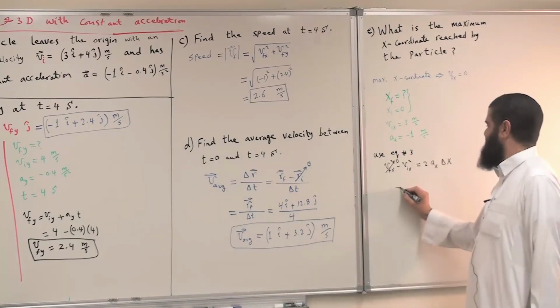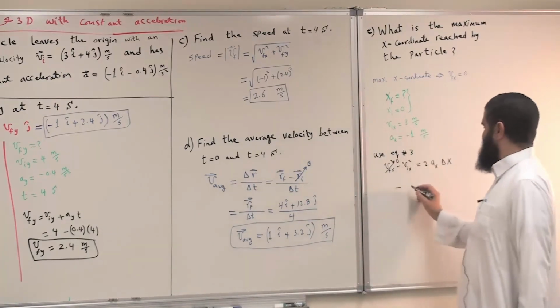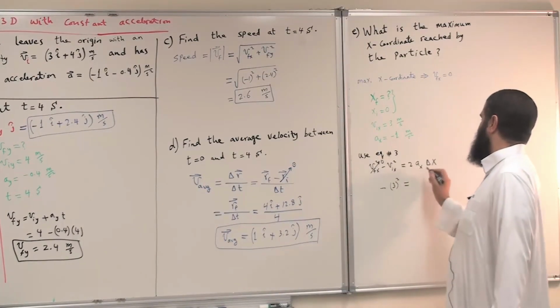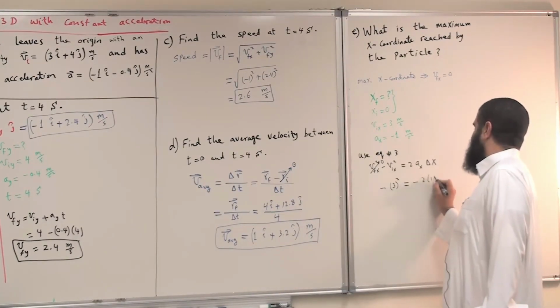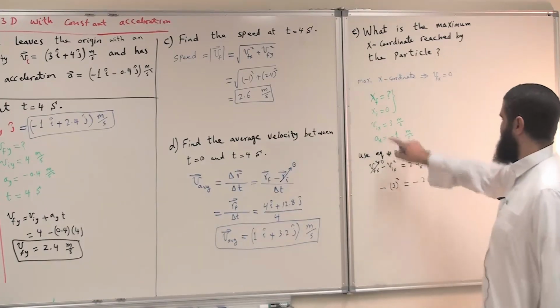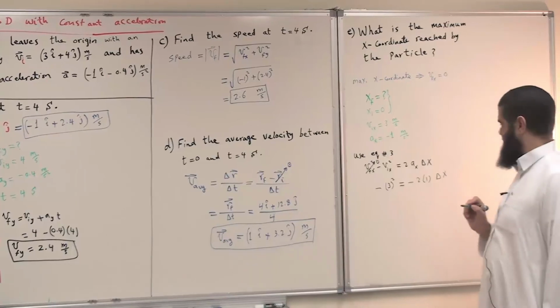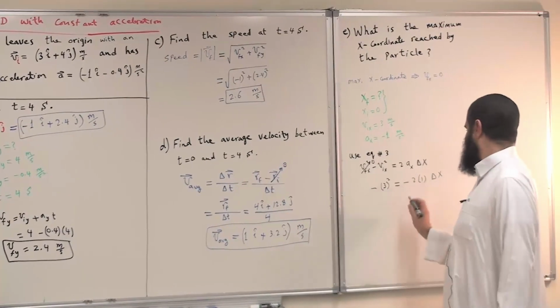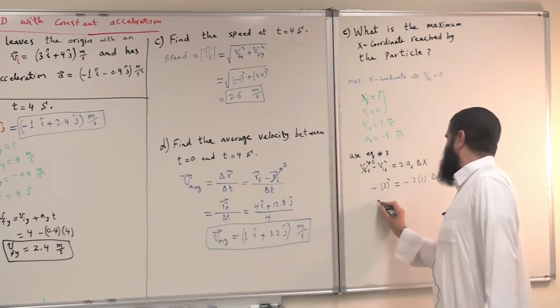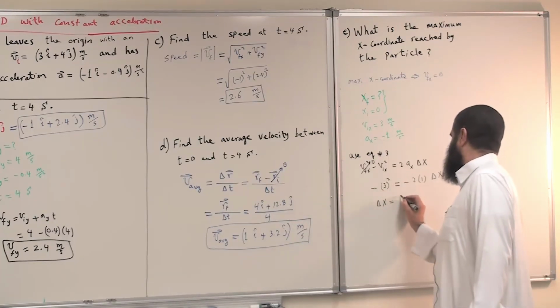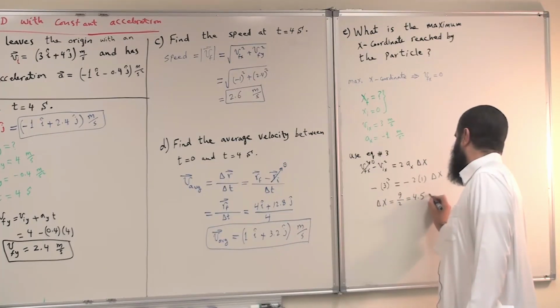So I have minus v initial x, which is 3 squared, equals minus 2 multiplied by 1, because the acceleration is minus 1, multiplied by delta x. So I am left with the following. Delta x will be 3 squared, which is 9, divided by 2, and this will be 4.5 meters.